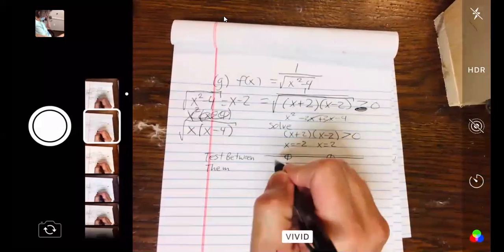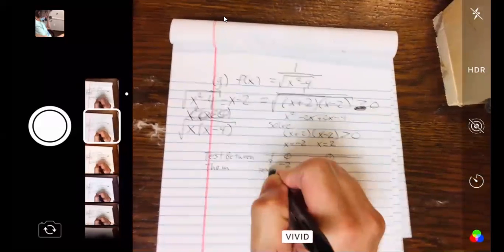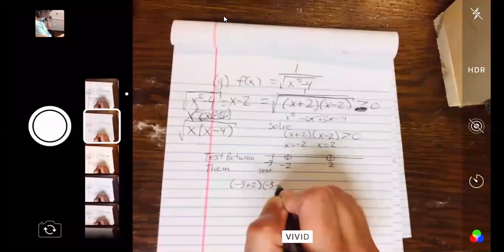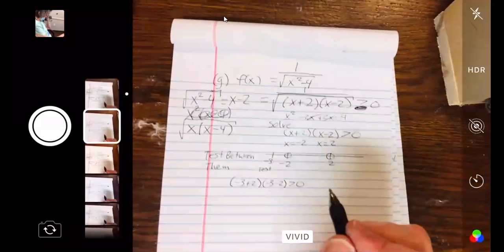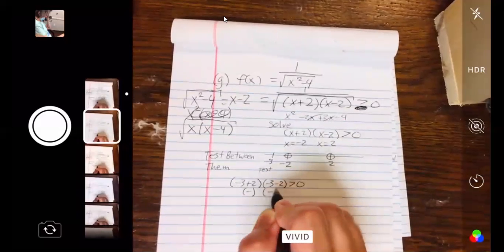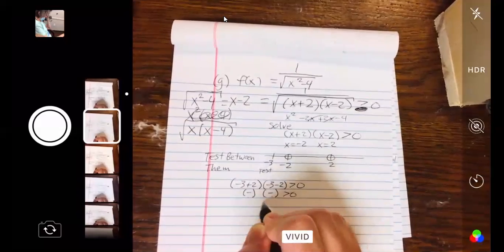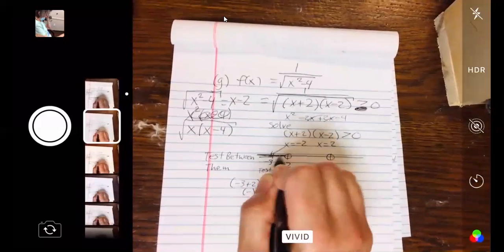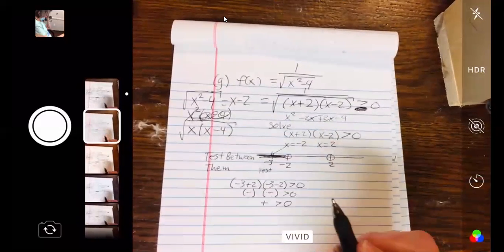So if I use -3 as a test, then I'm getting -3 plus 2, -3 minus 2. We did this in chapter 1, but it's been a while. You get a negative out of this, a negative out of this, but a negative times a negative is a positive. So this works. That gives you your first interval, -infinity to -2.